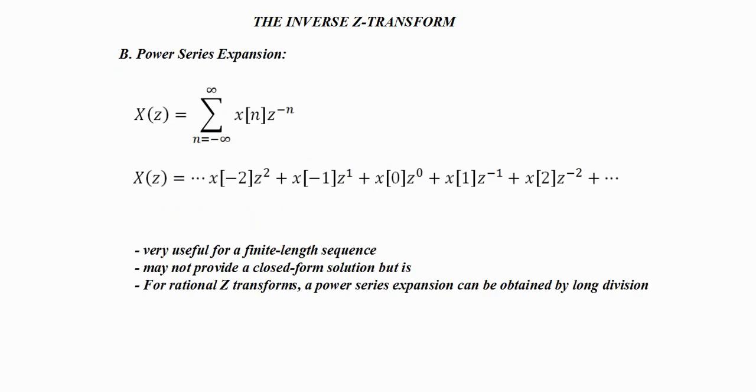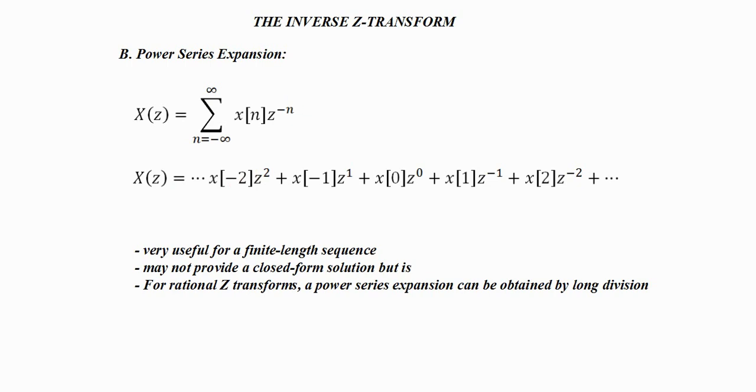So this is the general equation to find the z-transform. X of z is equal to the summation from n equal to minus infinity to infinity of x of n z raised to minus n. If you expand this summation, we need to substitute the values of n, starting from minus infinity onwards. You will get a term x of minus 2; when n is equal to minus 2, it becomes x of minus 2 into z squared, because here it is minus n.